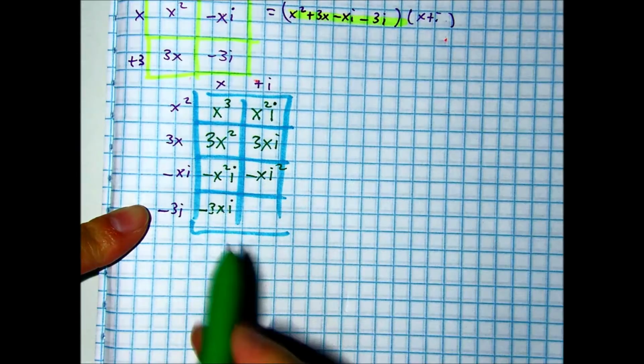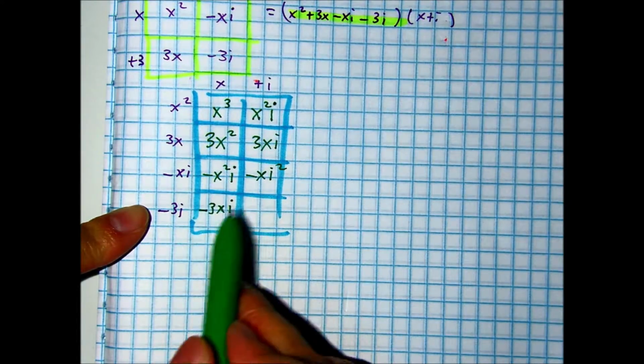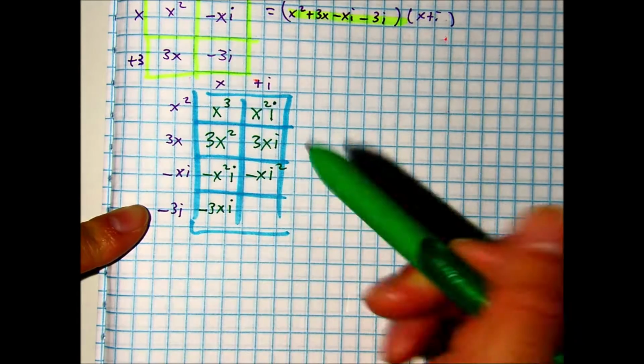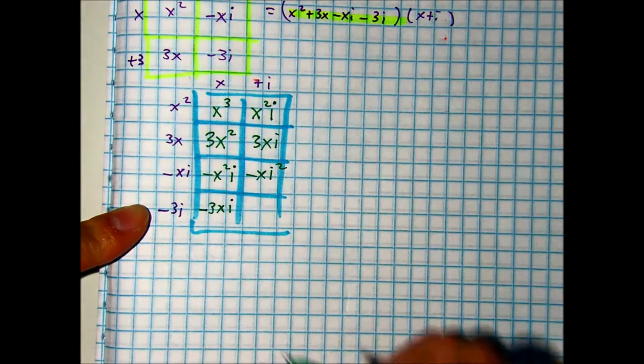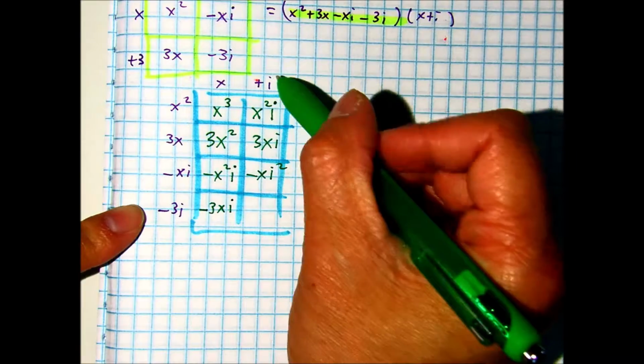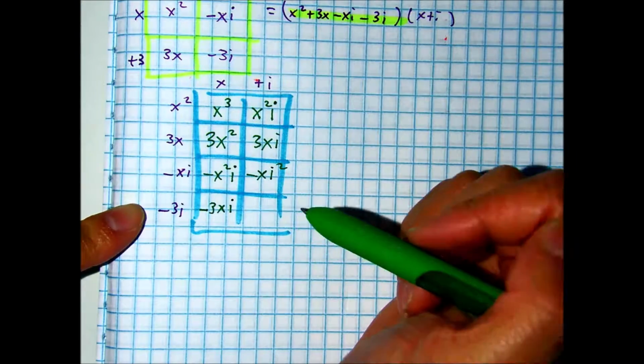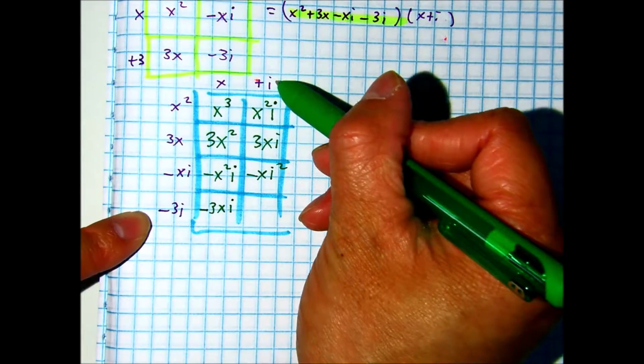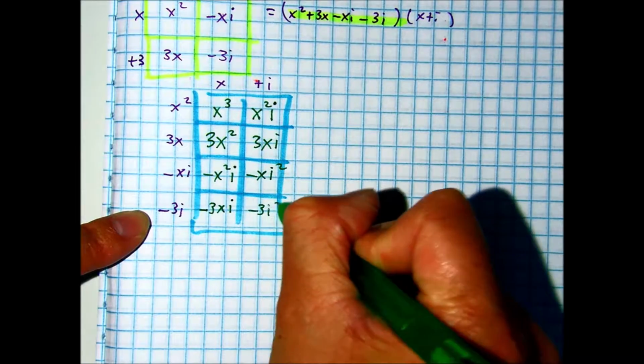Remember, whatever order you picked, if you wrote i then x, or preferably x then the i, just be consistent so you can see the like terms. Class, negative 3i times positive i? Negative 3i squared.